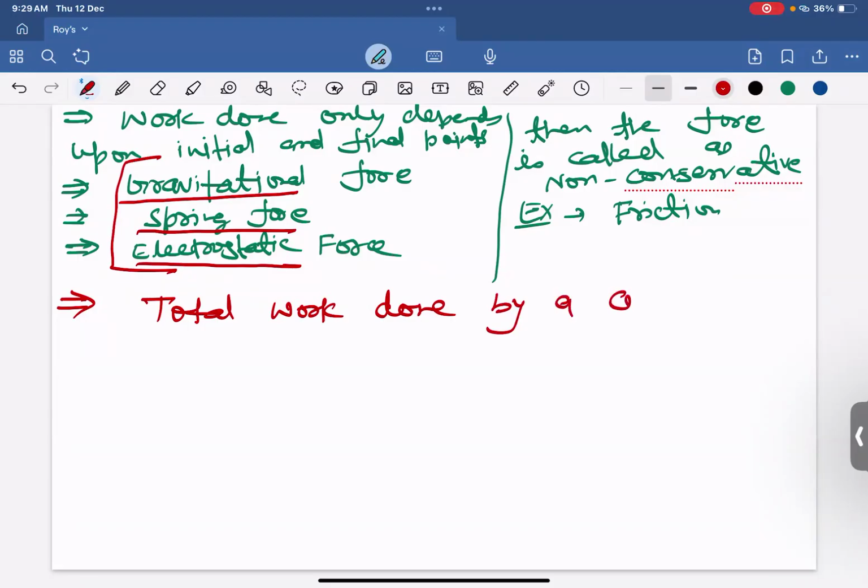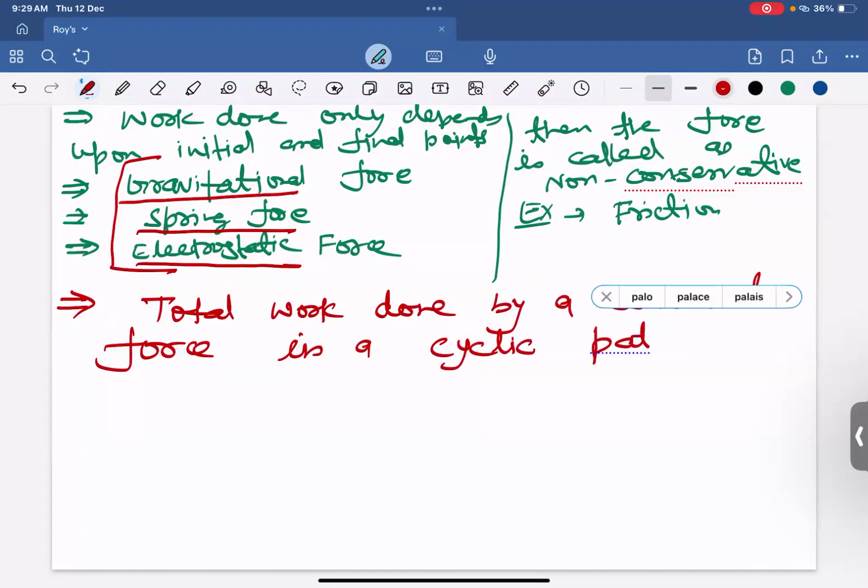by a conservative force in a cyclic path, where you return to where you started, will be zero.